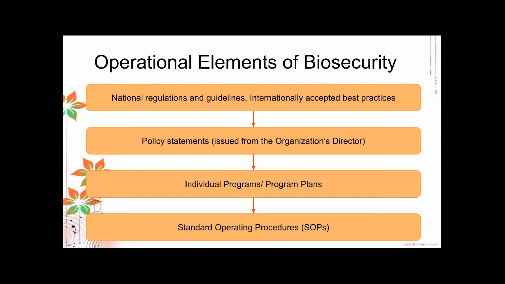And then after that, the policy statements. Your organization's policy statement, usually issued by the director, the leader of the organization. And then individual programs and program plans. For example, this is the general practice for COVID, and the director wanted more rigorous safety measures.